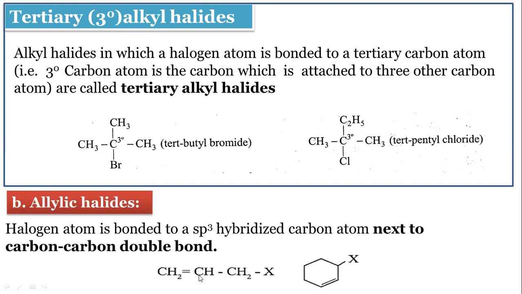This double bonded carbon is sp2 hybridized, but this carbon is sp3 hybridized. So X is attached to the sp3 hybridized carbon atom, and this carbon atom is bonded to the carbon-carbon double bond. See the situation here also. This is a carbon-carbon double bond, and X is attached to the sp3 hybridized carbon atom. Such examples are called allylic halides.